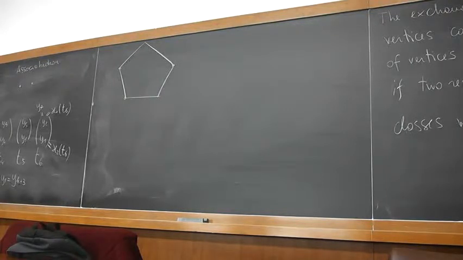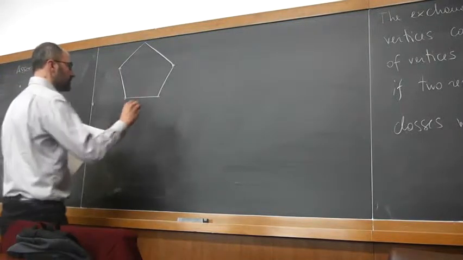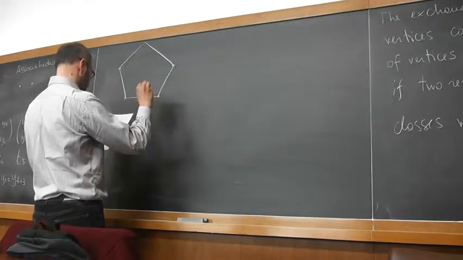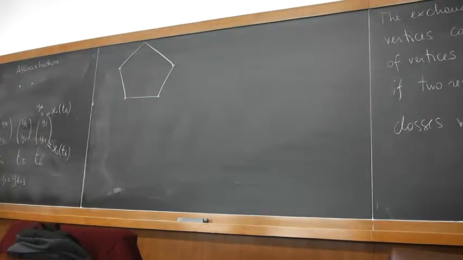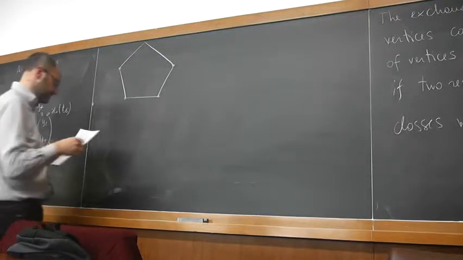So there are no more labels. So probably this was corresponding to G2N, right? Yes, it was the case of the Grassmannian of planes.